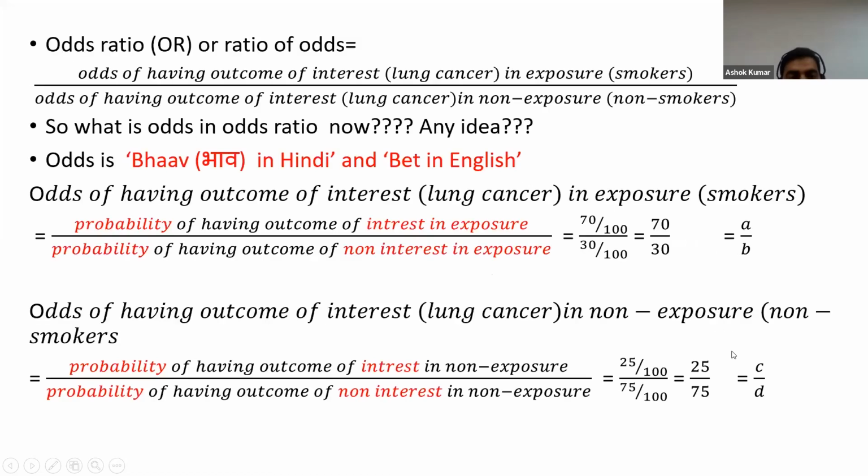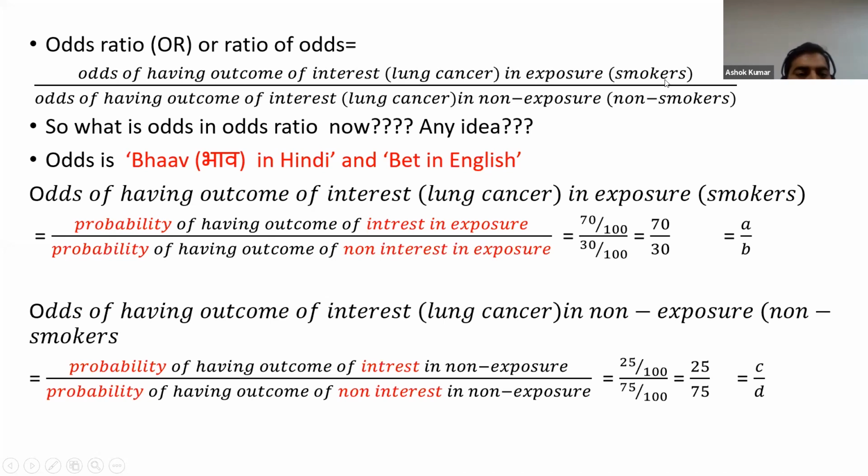So what is odds ratio, or ratio of odds? It may be complicated for you. Please try to understand; I'll try my best to make it very easy. You have to understand what odds ratio is. It is the odds of having the outcome of interest, and in this condition the outcome of interest is lung cancer, in the exposure group, and the exposure is smoking.